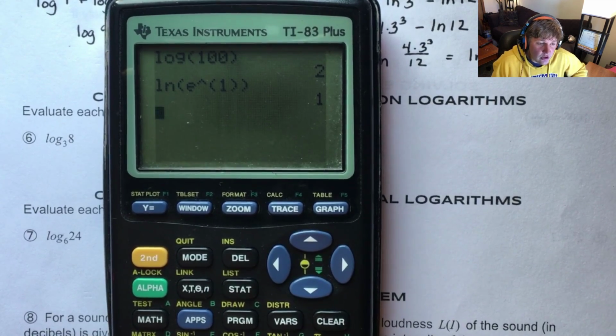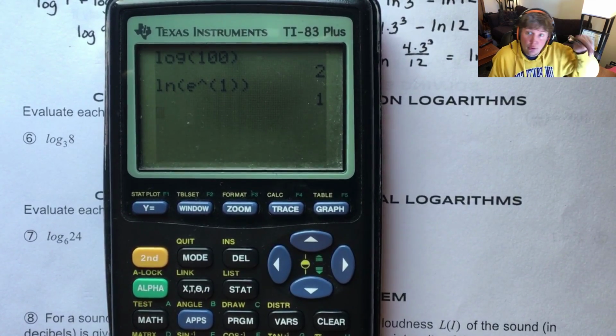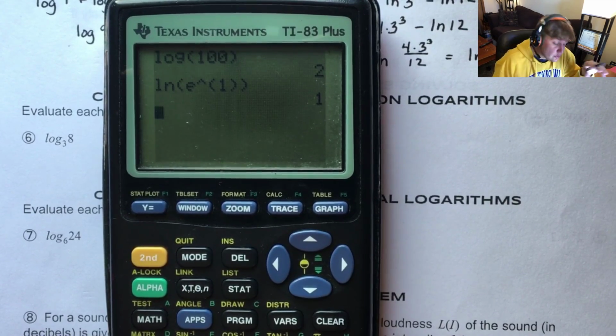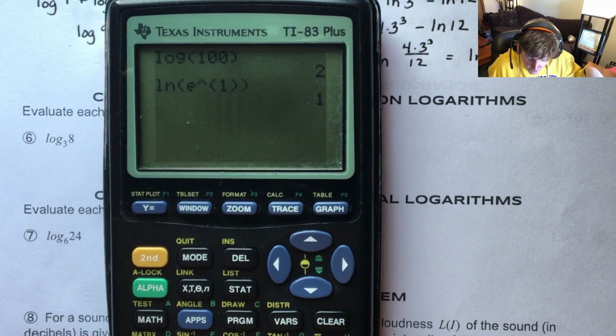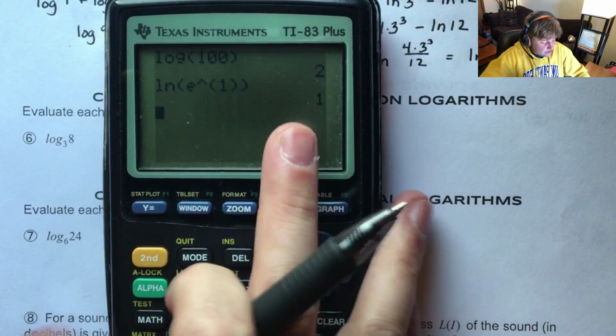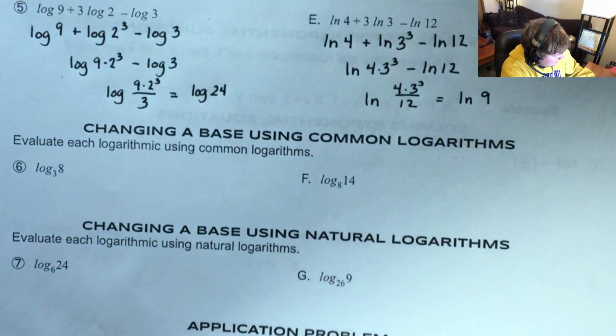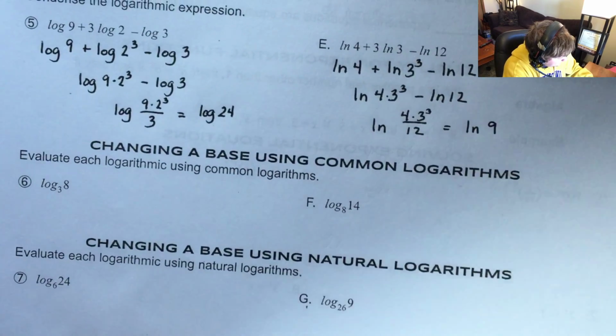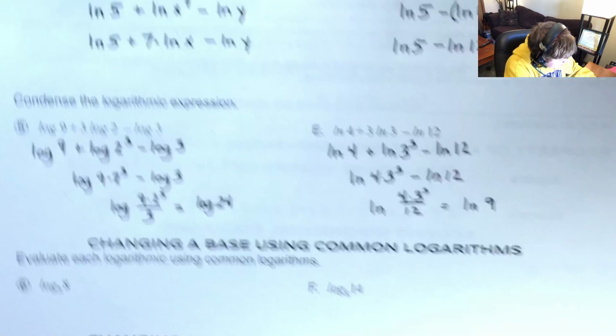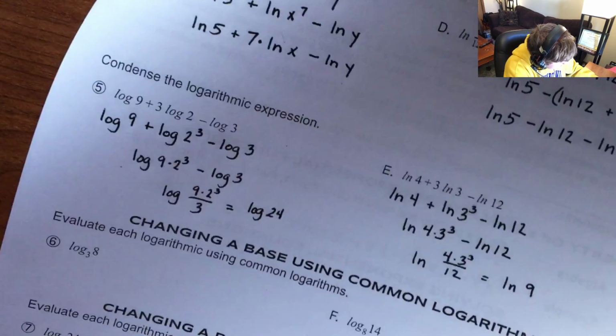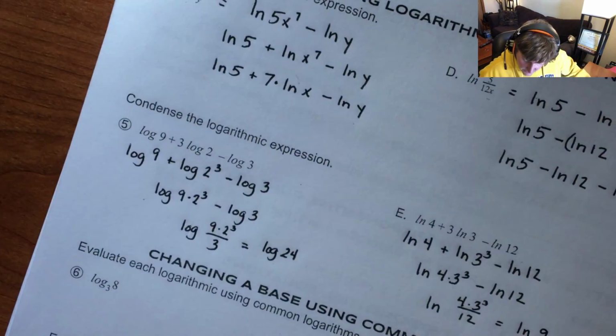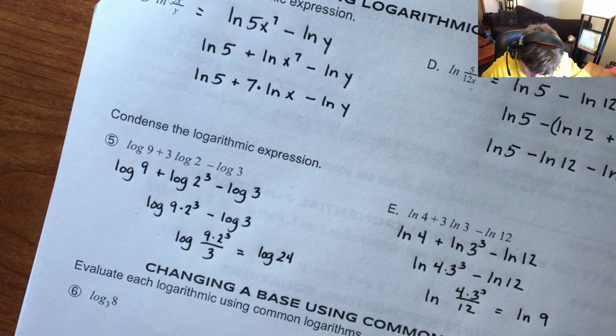So a lot of the work is going to have to be done through base 10 or through base e. Okay? And so what we need to do is identify the change of base formula, which I'm going to rewrite here on this page because we're going to use it for the next 4 examples.